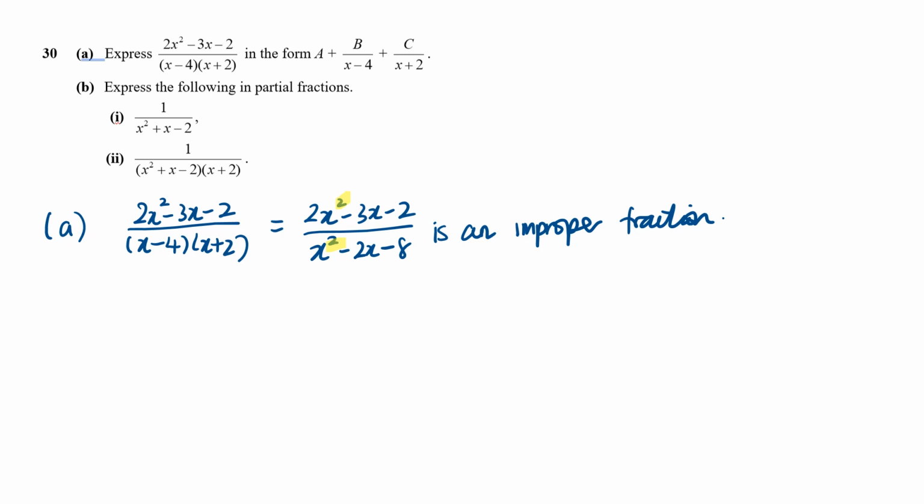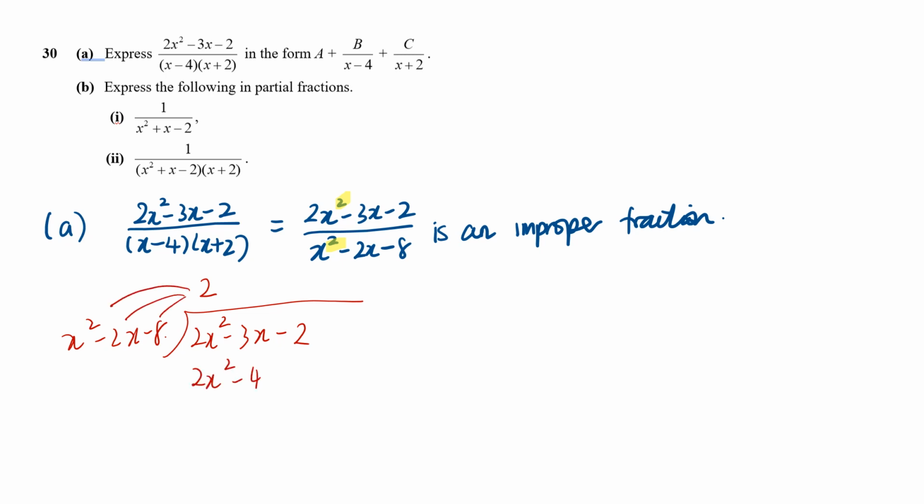You need to use long division to convert them into quotient plus remainder over divisor. So we're going to divide it with x squared minus 2x minus 8. We can multiply with 2 and then multiply with each term again to get 2x squared minus 4x minus 16.